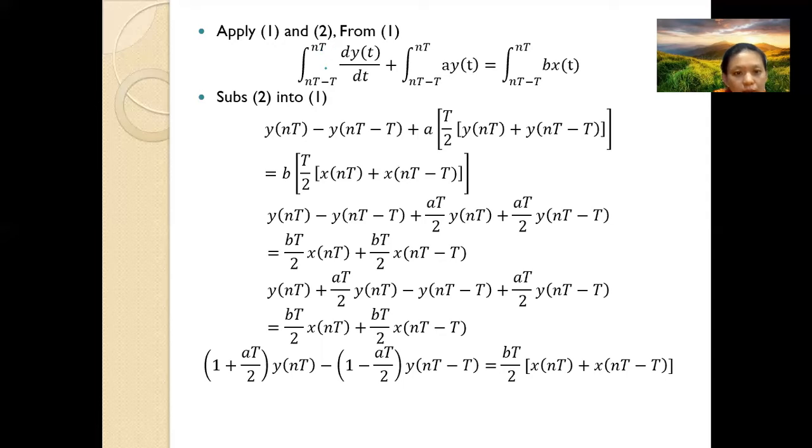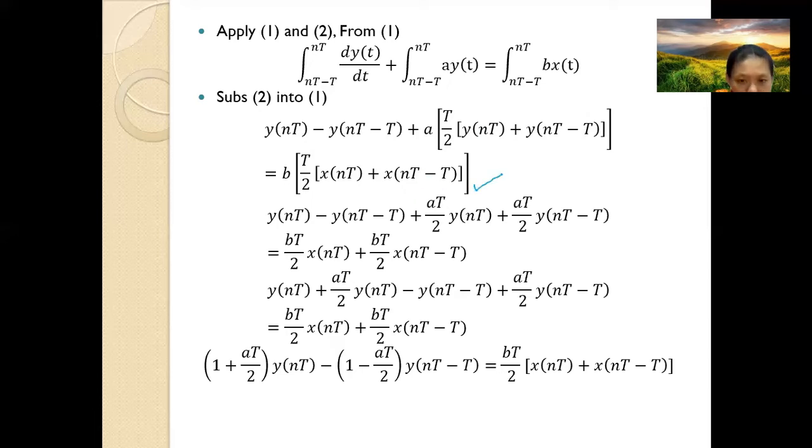So when we integrate dy(t) divided by dt, we will have y(nT) minus y(nT minus T) because of integration with the differentiation. Then we plus our a, this time a y(t). We integrate our y(t) using the trapezoidal rule: T divided by 2 times y(nT) plus y(nT minus T). And then we integrate our b x(t) with the trapezoidal rule. So we will have T divided by 2 times x(nT) plus x(nT minus T).